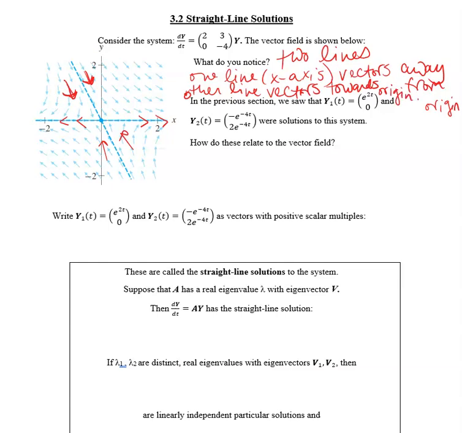This is important because the coefficients for those lines are going to help us find a more general solution. In the previous section, we saw that y1 equals e to the 2t, 0. That was a particular solution, and y2 equals negative e to the negative 4t, 2e to the negative 4t was another particular solution.